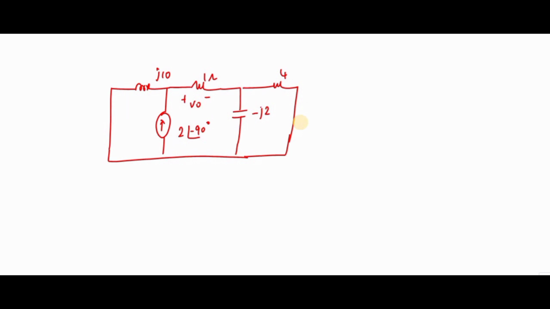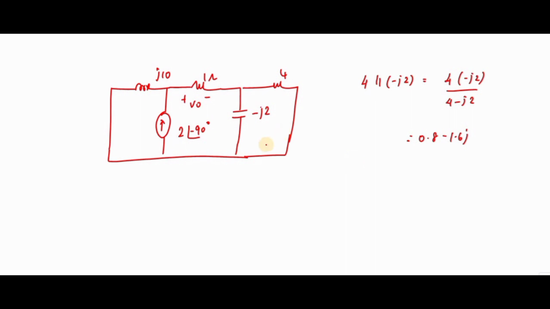So 4 parallel with minus j2 is 4 times minus j2 divided by 4 minus j2. The answer is 0.8 minus 1.6j.